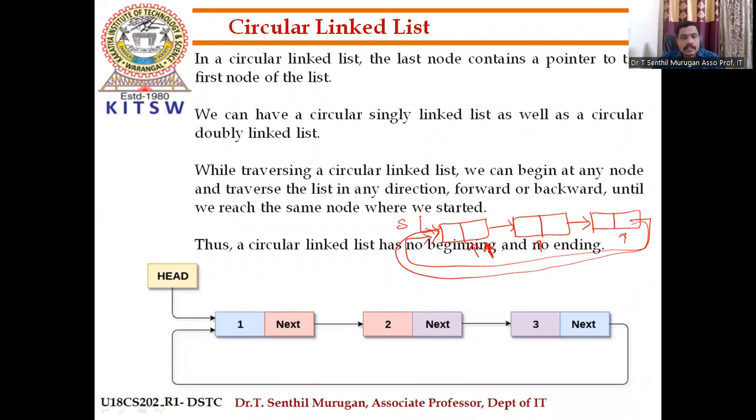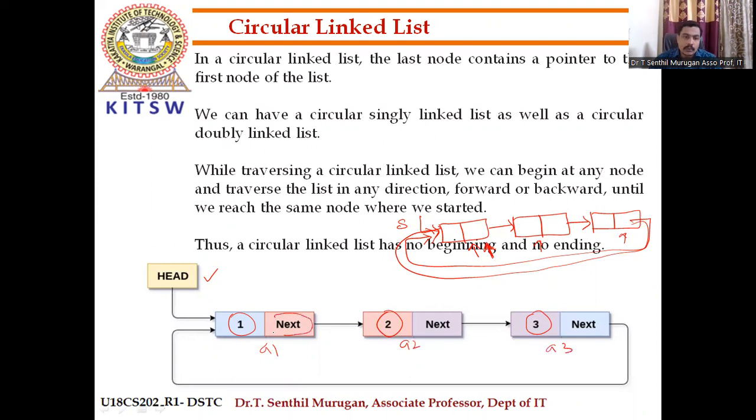See this diagram here. We have a head node or start pointer. The pointer is pointing to the first node. Each node has values. This is the data part, and the second portion is the pointer to the next node. So whatever address we have: address A1 here, A2 here, A3 here.